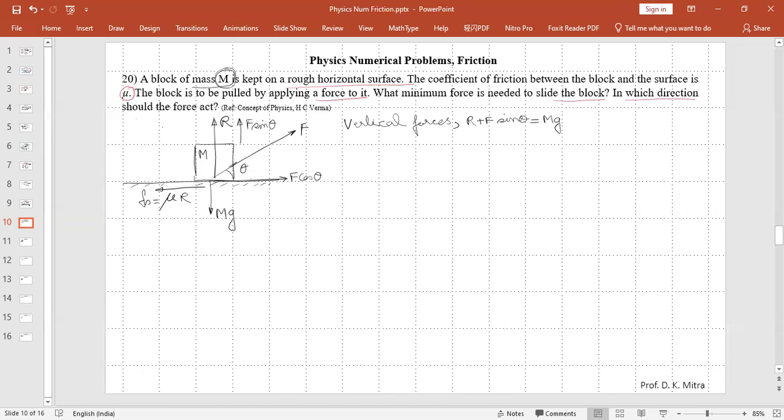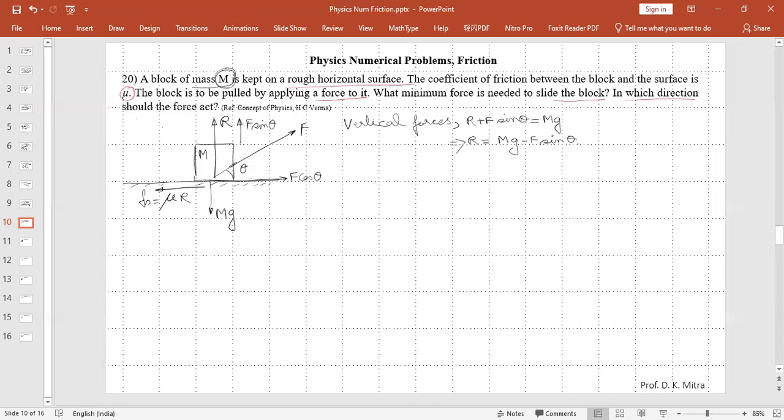From here, we get that the reaction R is equal to mg minus F sine theta. As I was telling at the beginning, reaction R here is not exactly equal to mg. It is mg minus F sine theta.